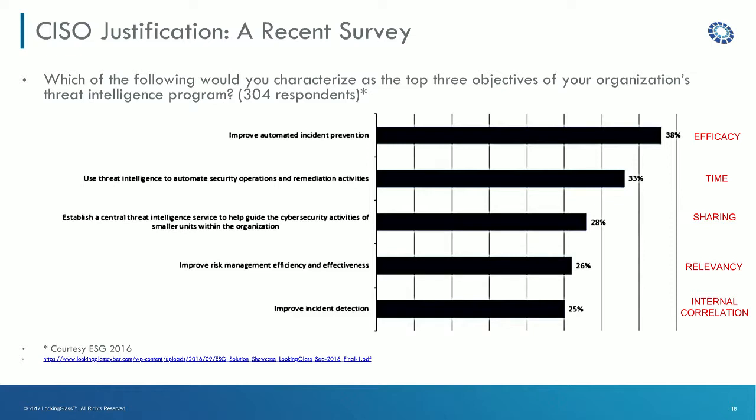Now, that doesn't necessarily mean that you get rid of human beings, but it certainly means that you need to consider how to make them more effective. And so I think considering these aspects is an important part of looking at how to build an effective threat intel program. Another aspect is the timeliness of the data.